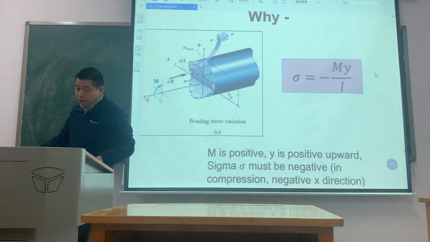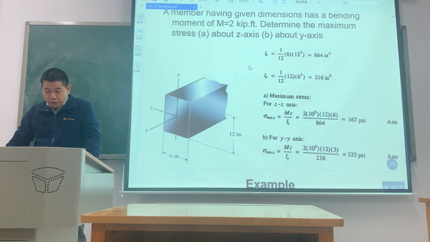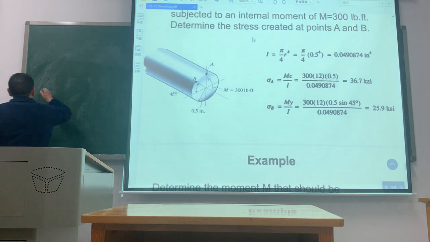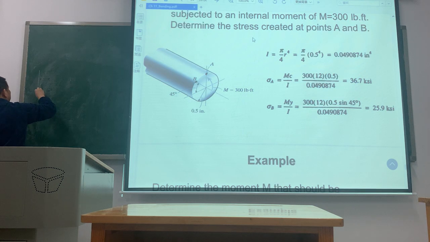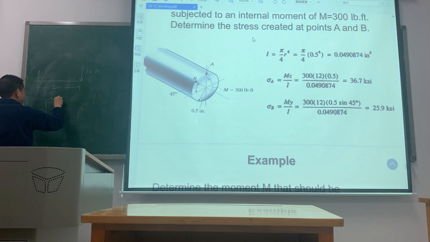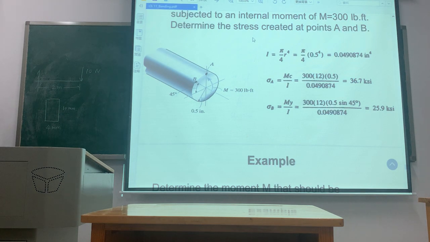Suppose I show you an example. Suppose the force is 10 Newton, the length is 2 meter, and the cross section is in millimeter.